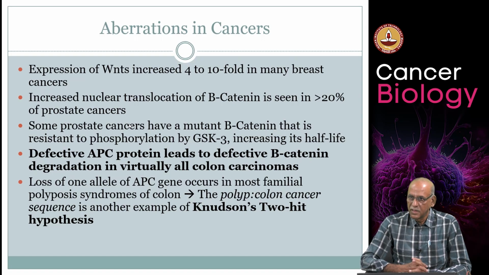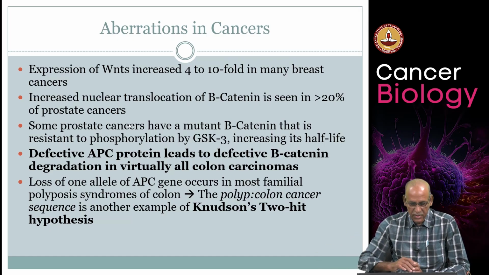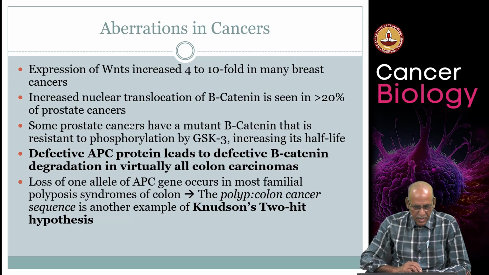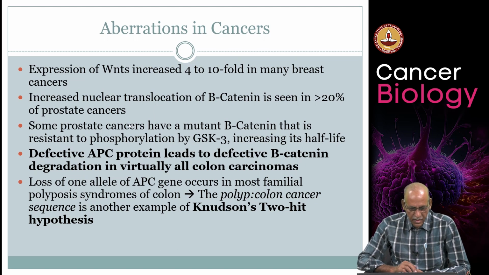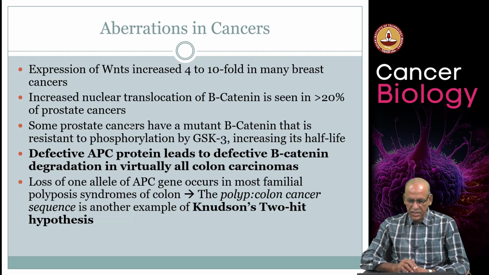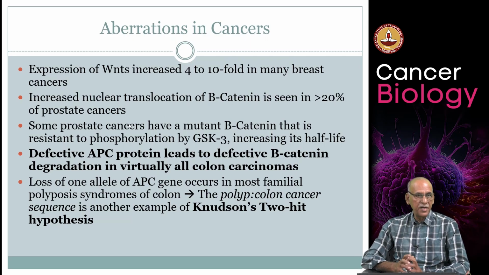So, if that is prevented, then beta catenin will not get degraded and will move to the nucleus. You have to remember that. So, if it is resistant to phosphorylation, then what will happen? It will be able to move into the nucleus and will become constitutively active. That is the idea. Defective APC protein leads to defective beta catenin degradation.